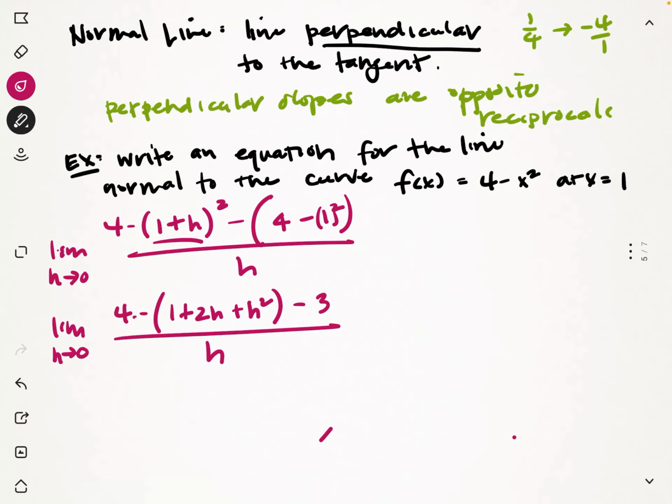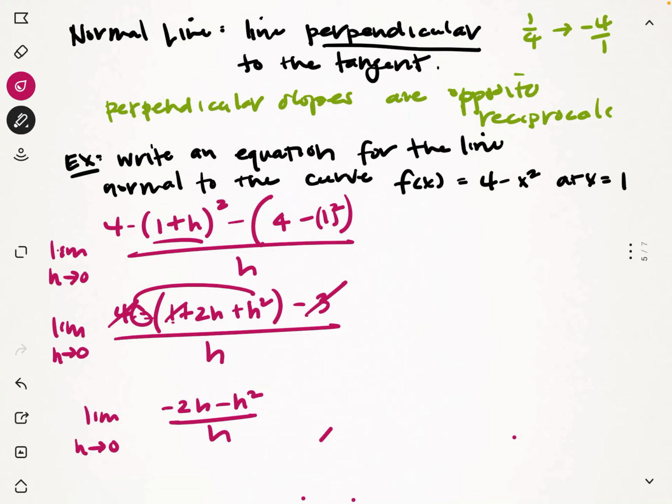Okay, so 4 minus 1 is 3. The minus applies to this whole parenthesis, so be very careful. 3 minus 3 is 0, so this and this cancel out. The negative sign applies to everything in here, so negative 2h minus h squared, because we distribute that negative sign, over h.